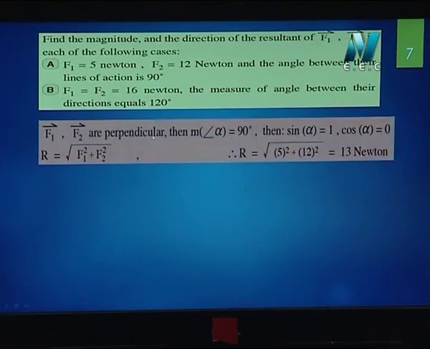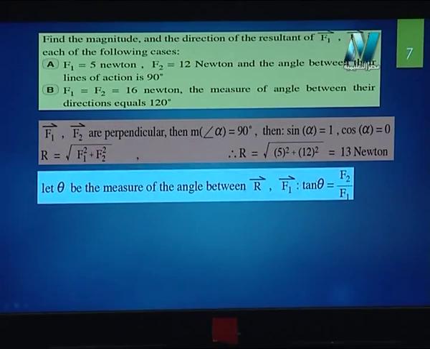F1 and F2 are perpendicular, so sine alpha equals 1 and cosine alpha equals 0. We will apply this rule, R equals square root of F1 power 2 plus F2 power 2, then R equals 5 power 2, which is the first force, and 12 power 2, which is the second force, equals 13 Newton.